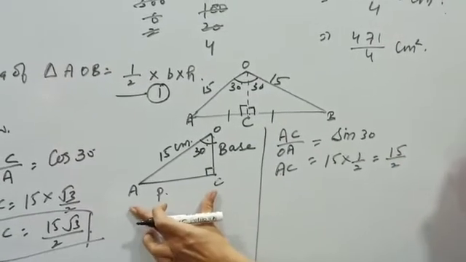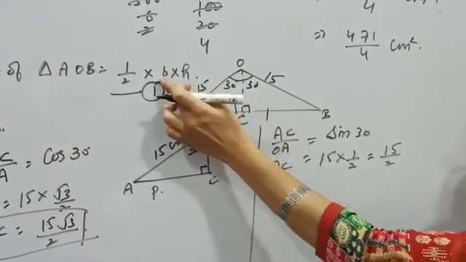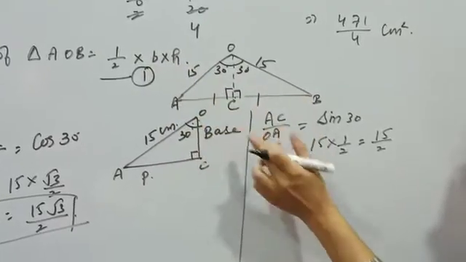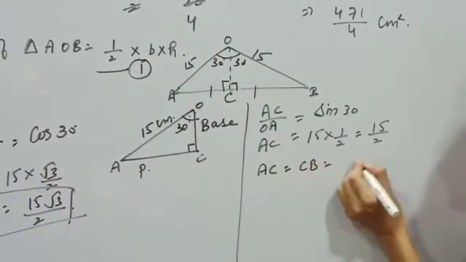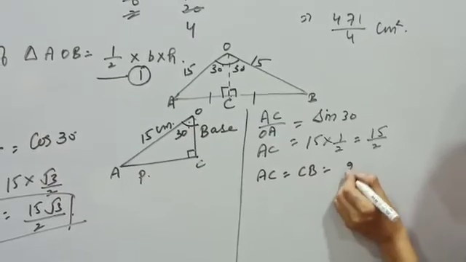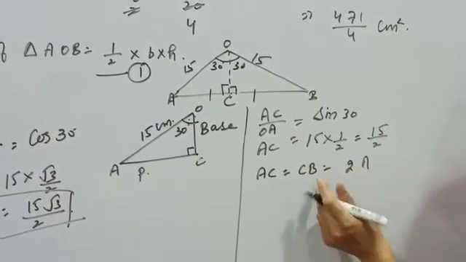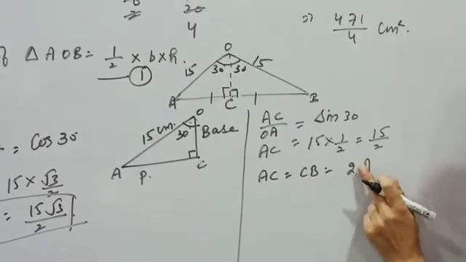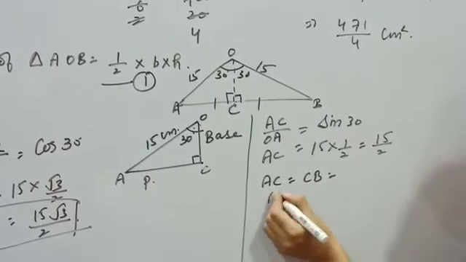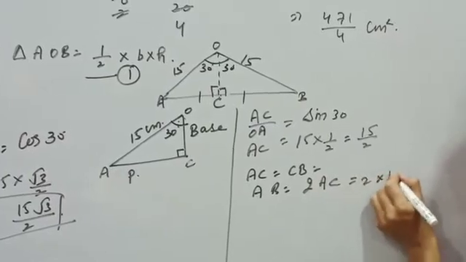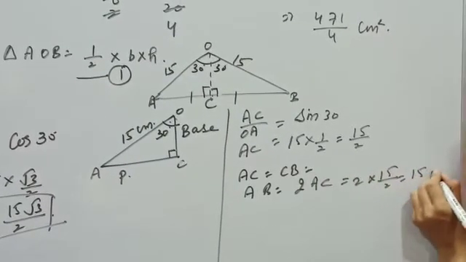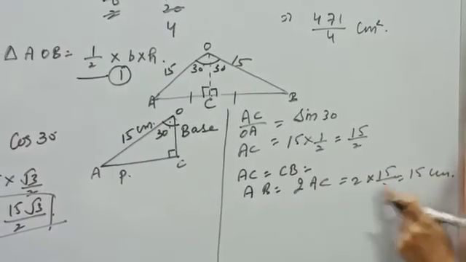But we have only AC, and we need the base of the triangle, AB. We know that AC is equal to CB, so AB is equal to 2 times AC. So this implies 2 multiplied by 15 upon 2, so 15 centimeter. Okay, so this is the AB value.